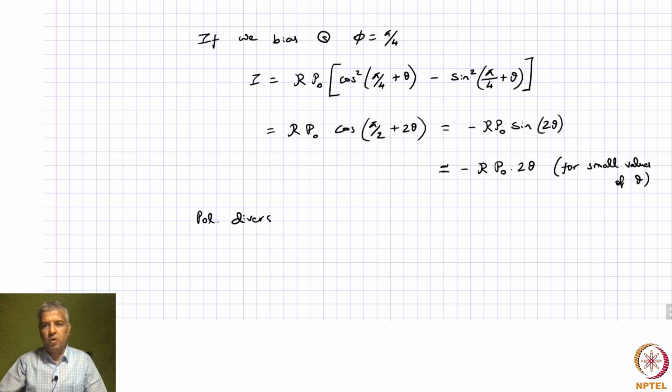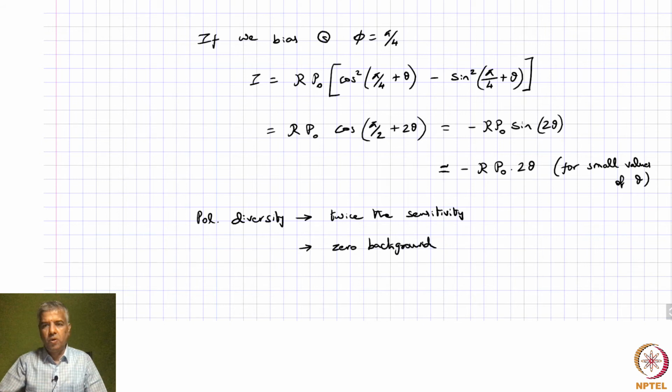Because of the polarization diversity, you have twice the sensitivity, because you have this 2 theta term. If you had only one of these, you would have just a theta term. But more importantly, you have zero background.